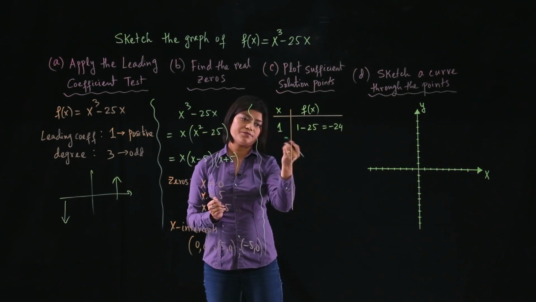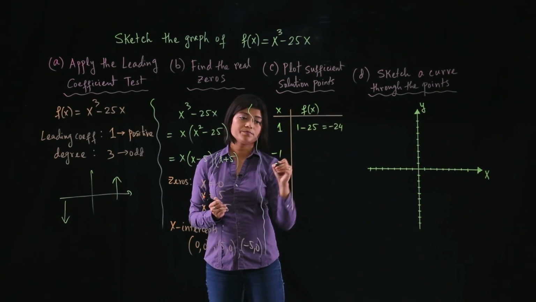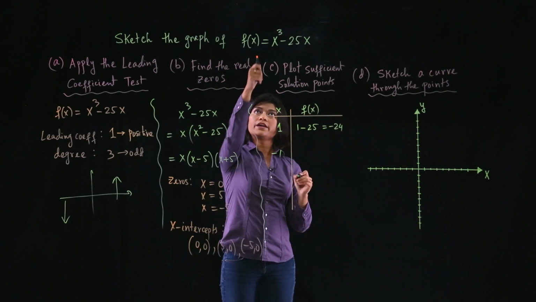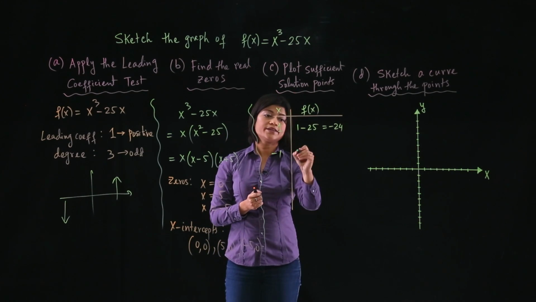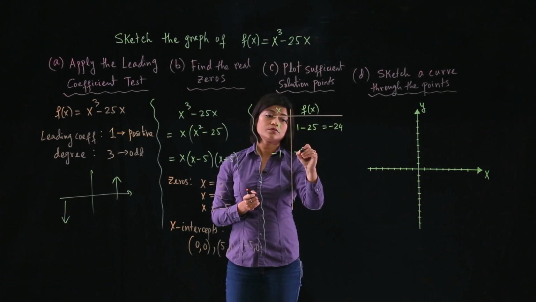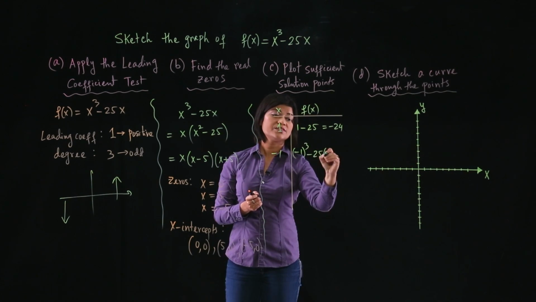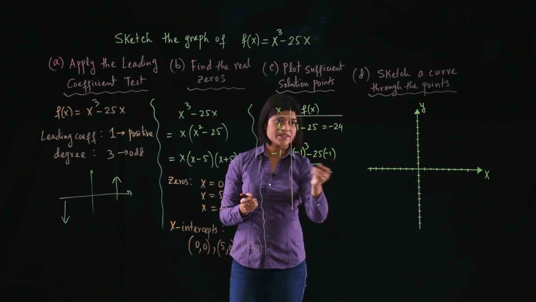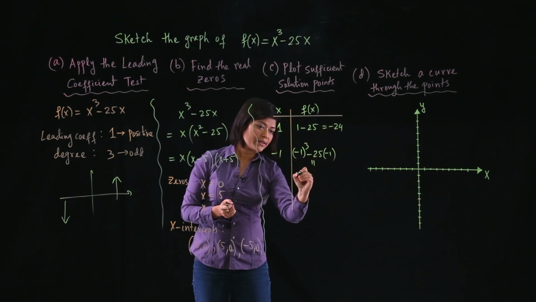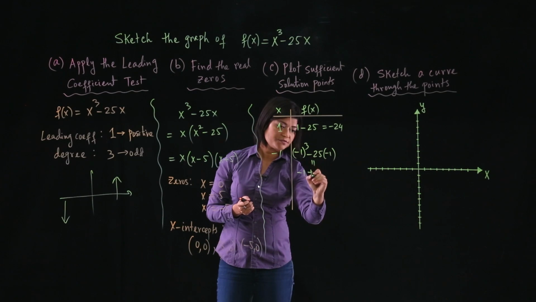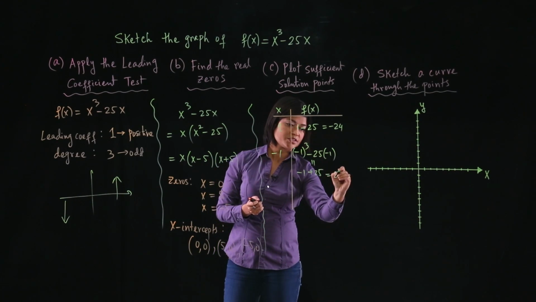So between 0 and negative 5, let's choose, say, negative 1. Okay, if you plug it in the function, we get negative 1 cubed minus 25 times negative 1. Be careful with the negative signs. Okay, so we get a negative 1 and a positive 25. So this is a positive 24.